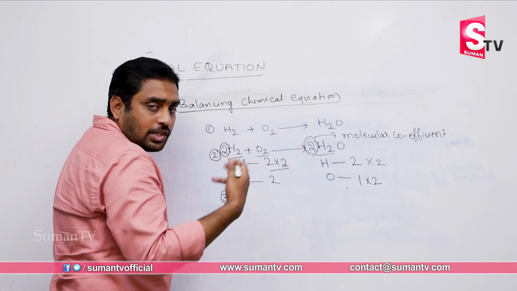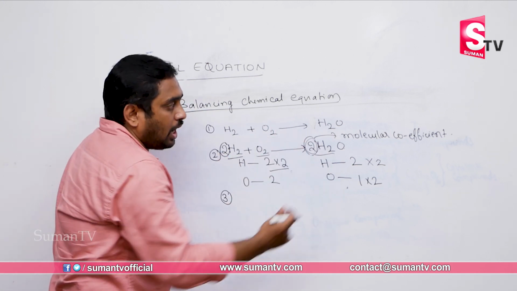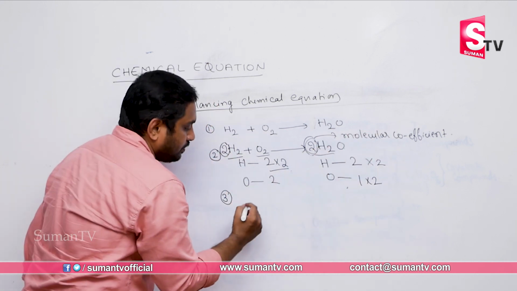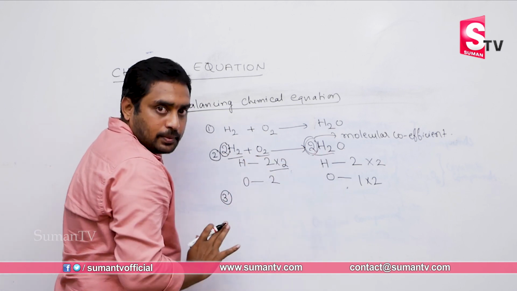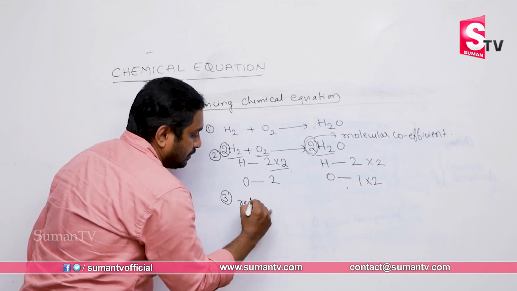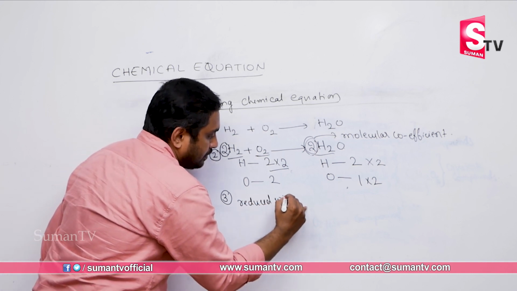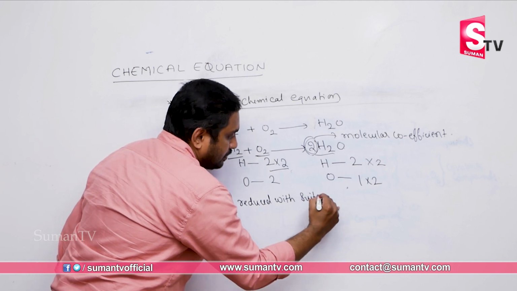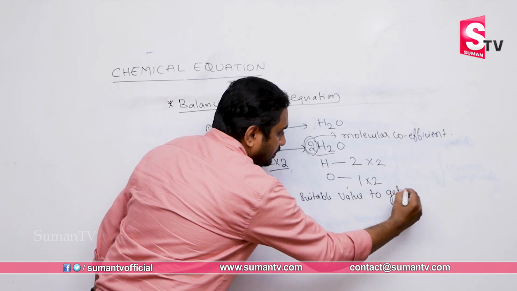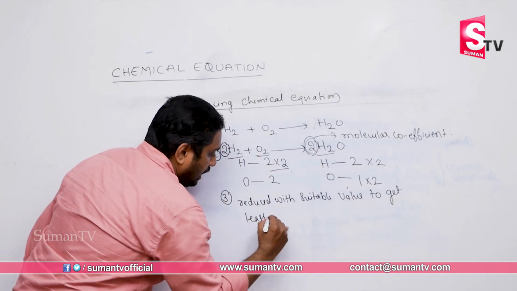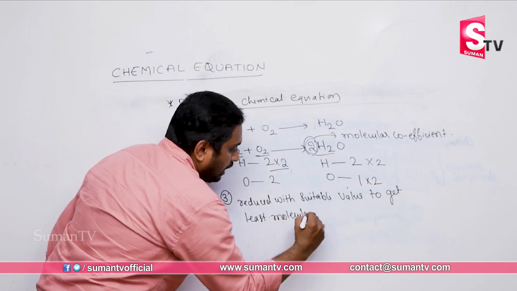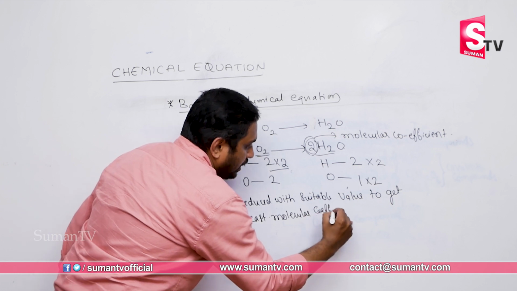If it is not the least whole number stoichiometric coefficient or molecular coefficient, divide with a suitable value or reduce with a suitable value to get the least molecular coefficient.